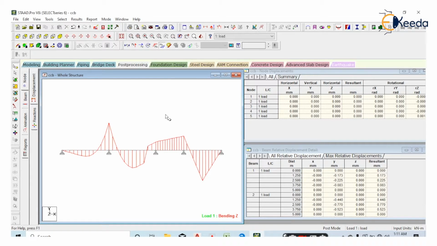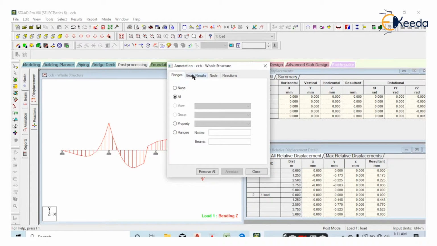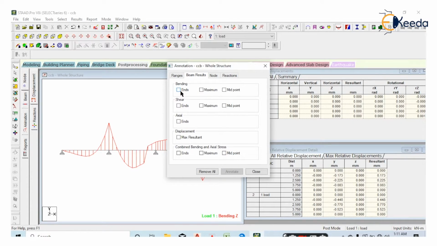Go to MZ for bending moment, results, view value, beam results, in bending, check mark in end, maximum and midpoint. Click on annotate.